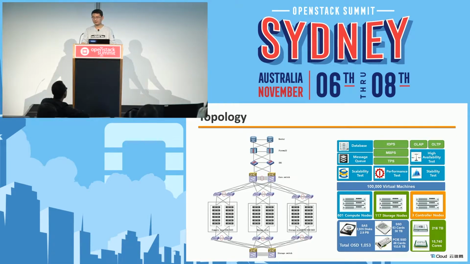So the total number was 800. After the deployment, we created about 1,000 virtual machines, and based on that, we did a lot of tests, including scalability test, performance test, high availability test, and stability test. All of the tests lasted for 30 days, and many issues were exposed indeed.